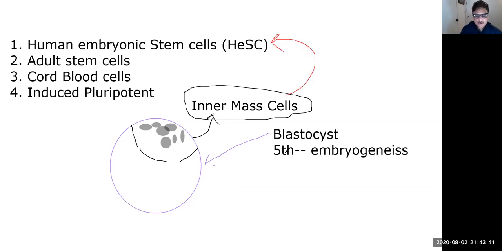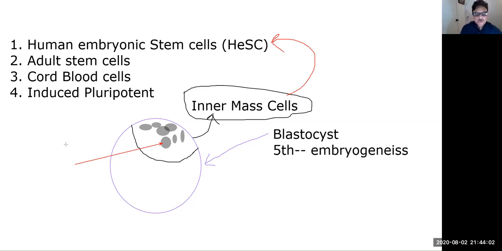Right? Now, if scientists want to work with human embryonic stem cells, they have to reach out to the human embryo, and that's why it could be controversial, a topic of debate, whether to use human embryonic stem cells for research.